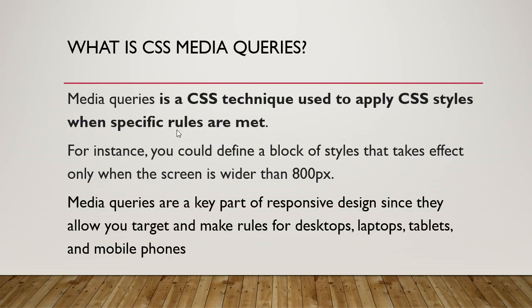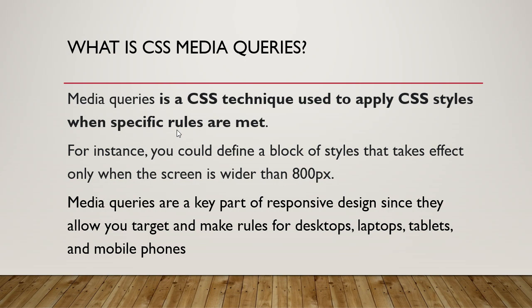First of all, what are CSS media queries? CSS media queries are basically a CSS technique used to apply styles when the rule you have set is met. So you apply styles when you set a rule. Once that rule is met, then the style will be applied.